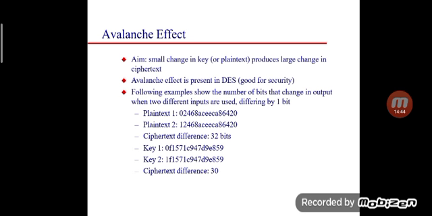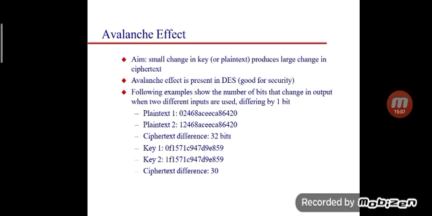Here we change only one bit. The first bit is changed from 0 to 1. If we change any one bit in the plain text, the ciphertext difference is 32 bits. So that much large difference should be there.